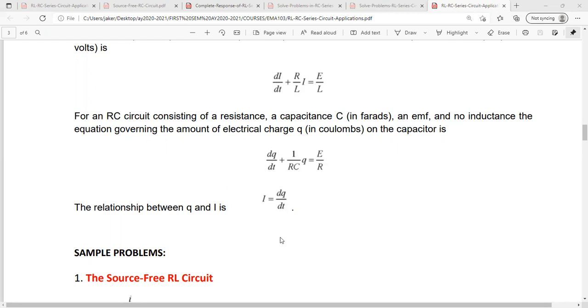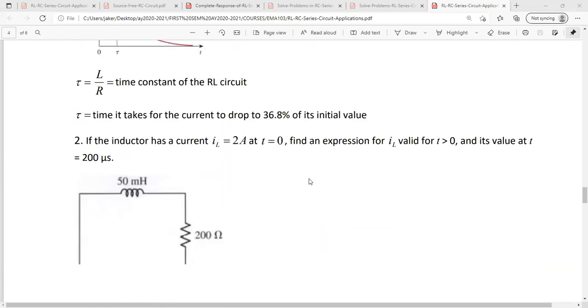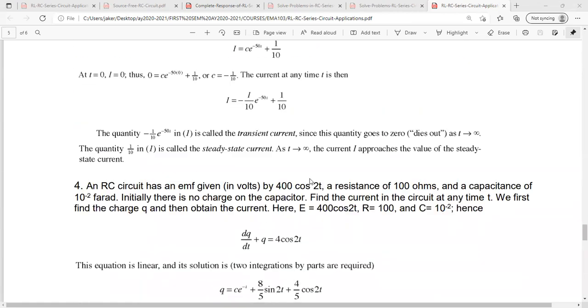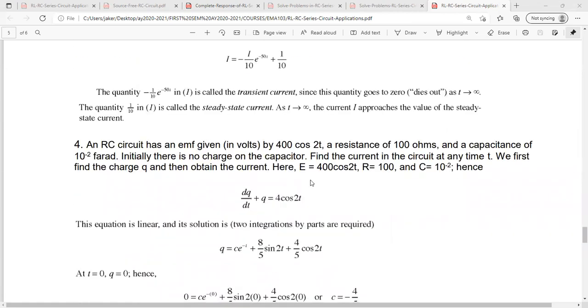That particular equation is written here: current I is equal to dq/dt. So these are the equations that we will remember for the capacitor. In this case, our capacitor is in a complete circuit, because we have an EMF here of 400 cosine 2t.